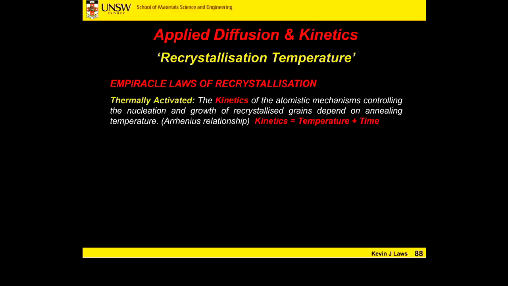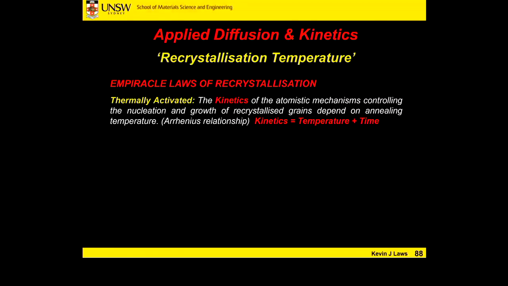So the empirical laws of recrystallization, again associated with the recrystallization temperature. Recrystallization is thermally activated. We need to go to elevated temperature for this to occur. Also remember, we're talking about absolute temperature here.